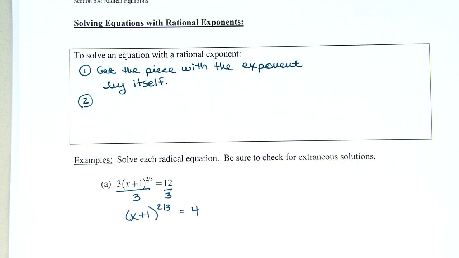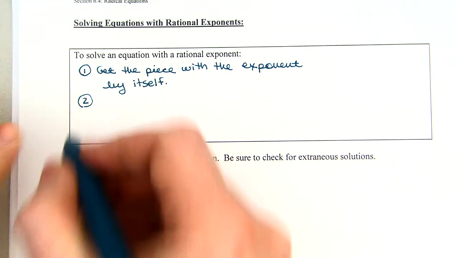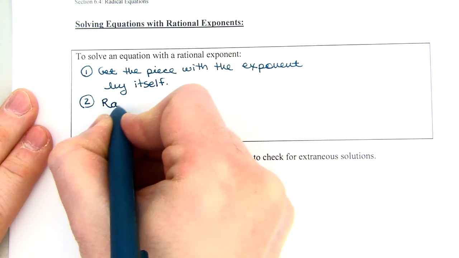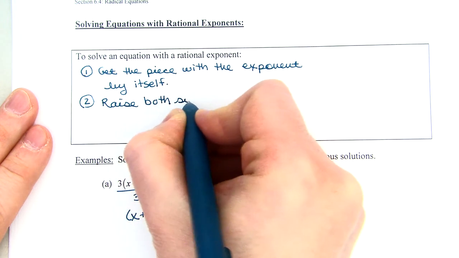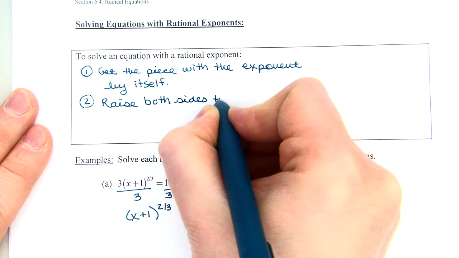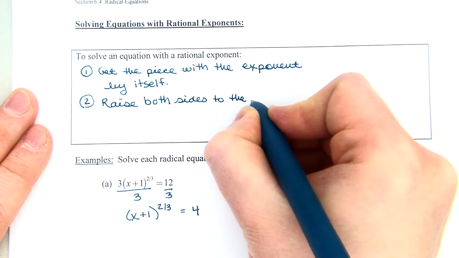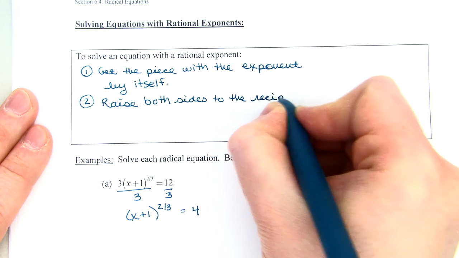This next step is the key step. What I can now do is raise both sides to the reciprocal, flip the fraction, power.